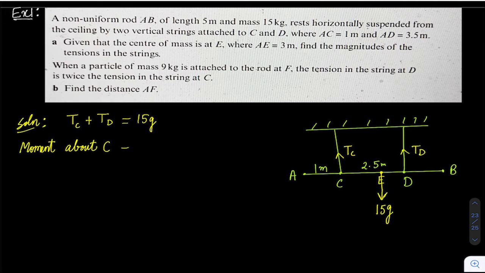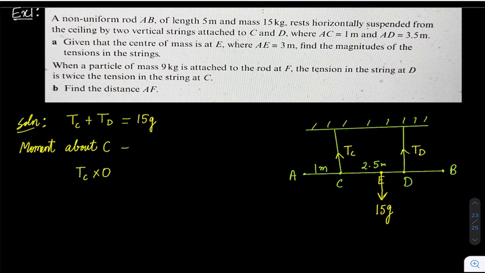So what will happen? The moment for tension C will be 0, right? And for the moment of tension at D, TD times its distance, which is 2.5, and then the direction. This is important, we discussed that a moment has a direction also.